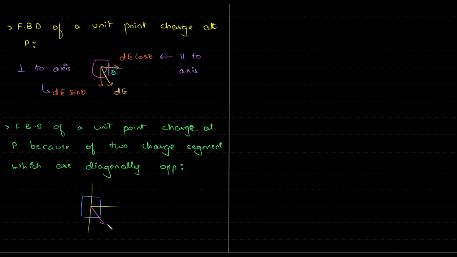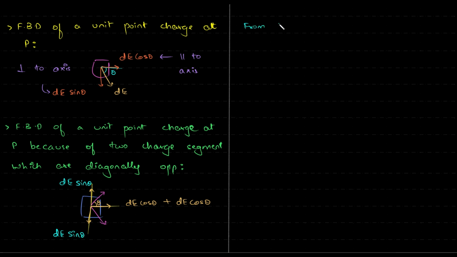And say we have dE, dE, and we have the set of components. So clearly this is dE, this is theta, so cos theta, and we'll have again dE cos theta. So basically the parallel components are adding up while the dE sin theta will cancel the dE sin theta.